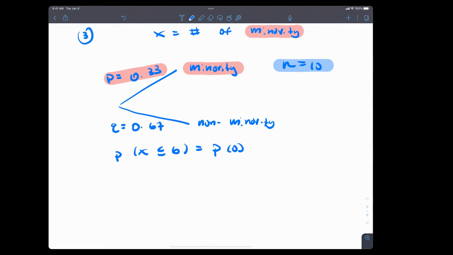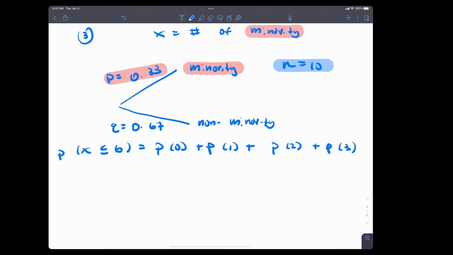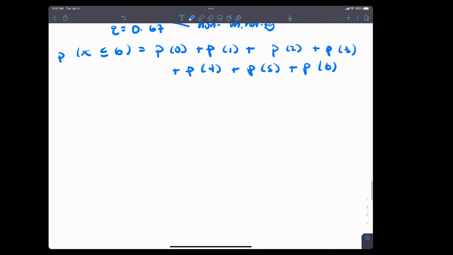By definition, that's p of 0 plus p of 1 all the way up to p of 6. If you wanted to see every detail, we take p of 2 plus p of 3 plus p of 4 plus p of 5 plus p of 6. Remember, there's 10 selected students.